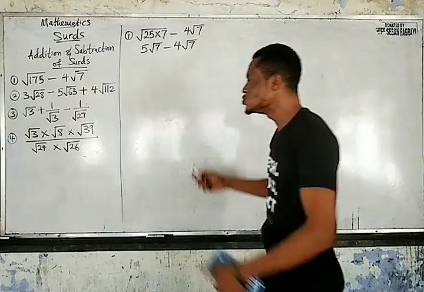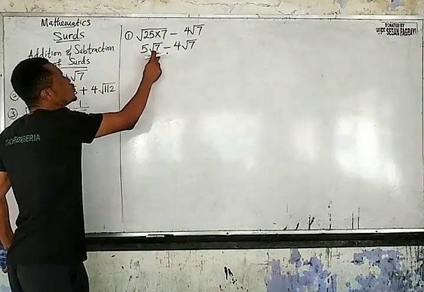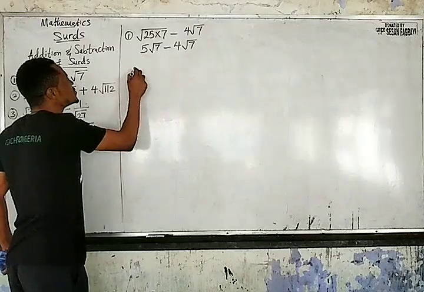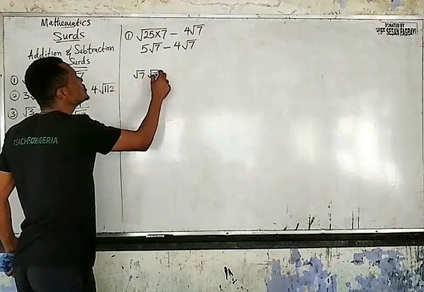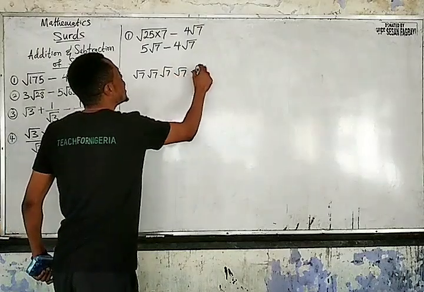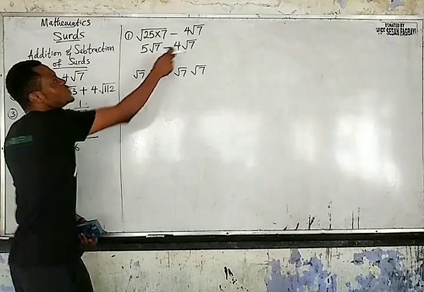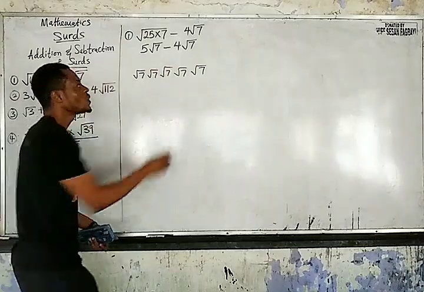So all we need to do, or let me just break it down, it's like having root 7 in 5 places. That's root 7, root 7, root 7 again, another root 7, then another root 7. 1, 2, 3, 4, 5. And we have to remove how many root 7? 4.